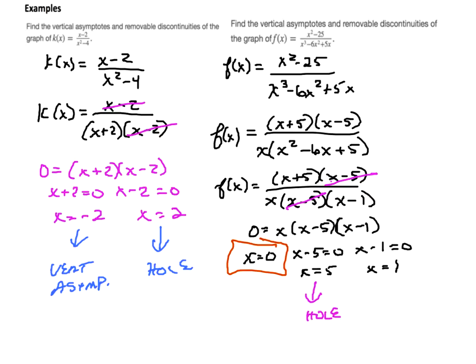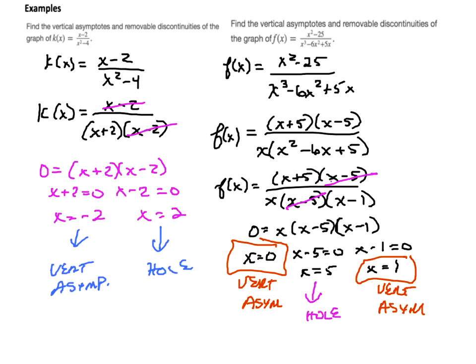And then I'm going to have a vertical asymptote at x equals 0 and a vertical asymptote at x equals 1. And I'll go ahead and show you all the graph of this one because I think it'd be a good thing to see.